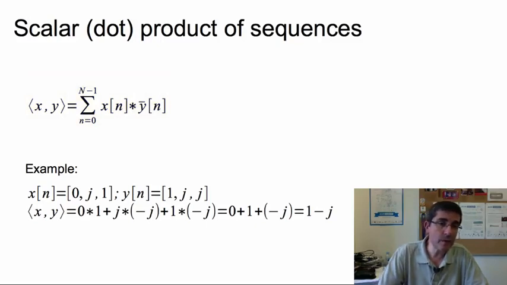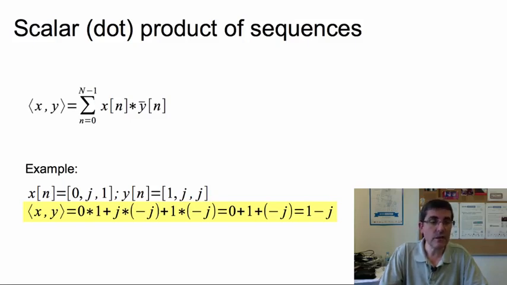So if we have an example, x of n as a simple sequence and y of n another simple sequence, complex sequences, their dot product will be the point-to-point multiplication of these two sequences. However, the second sequence is conjugated.